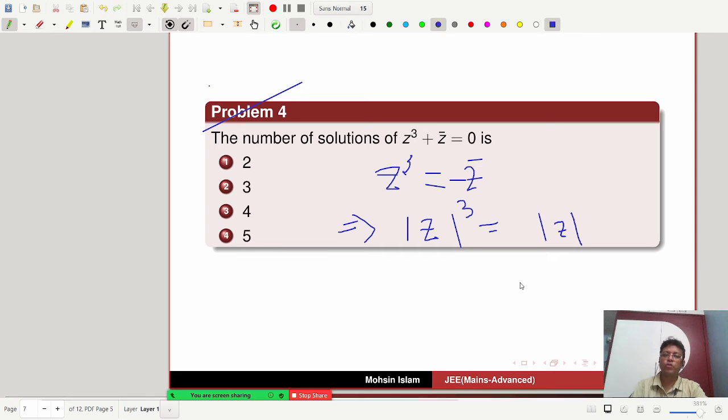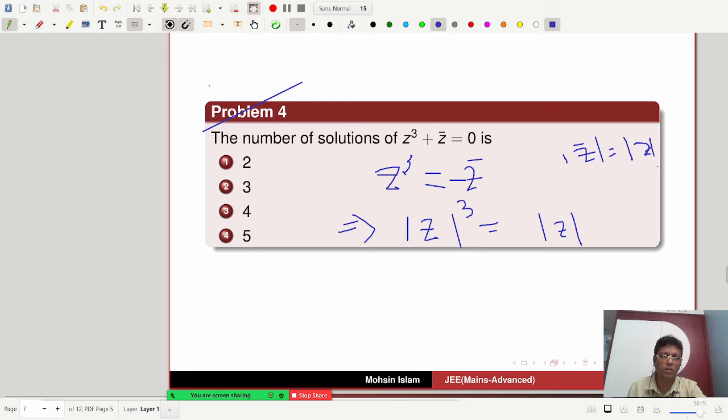Why? Because modulus of z bar is modulus of z. The distance of z from the origin and the distance of z bar from the origin is the same. So modulus of z bar is equal to mod z, the minus being absorbed by the modulus.